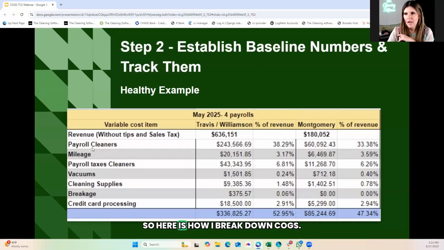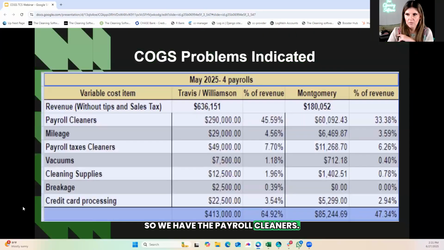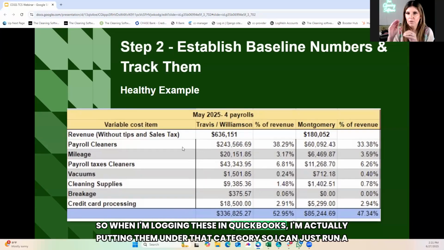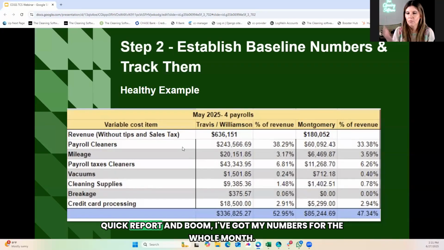So here is how I break down COGS. We have payroll cleaners, payroll mileage, payroll tax cleaners, vacuums, cleaning supplies, breakages, and credit cards. When I'm logging these in QuickBooks, I put them under that category so I can run a quick report and boom, I've got my numbers for the whole month. This is an example.